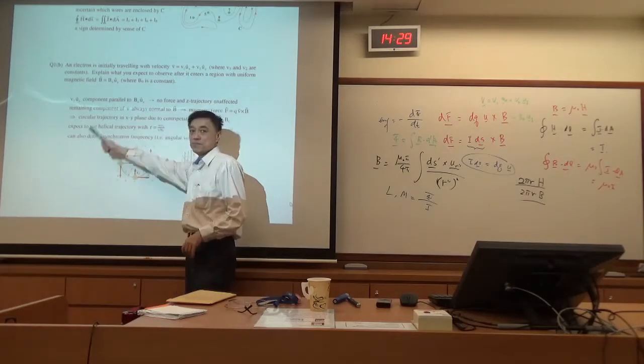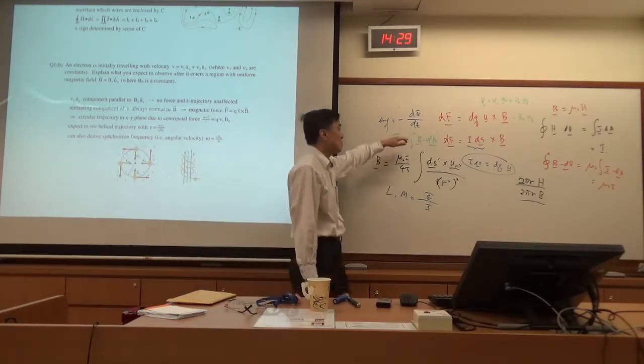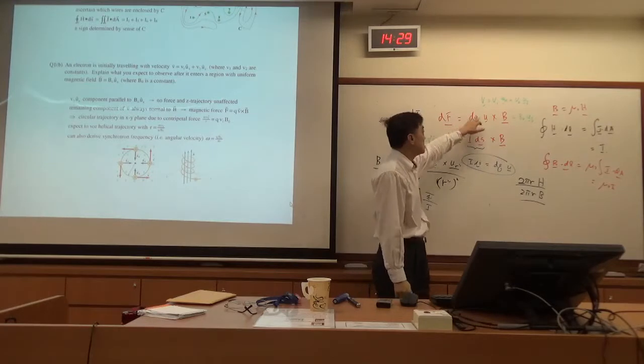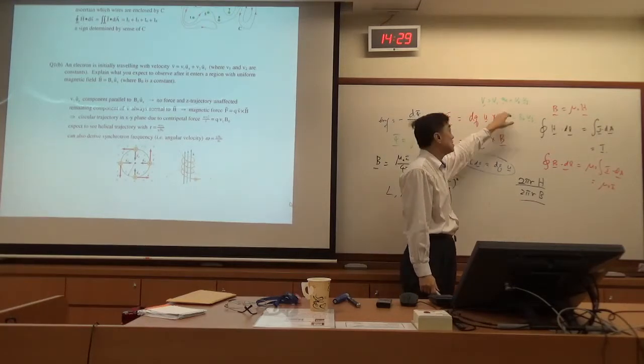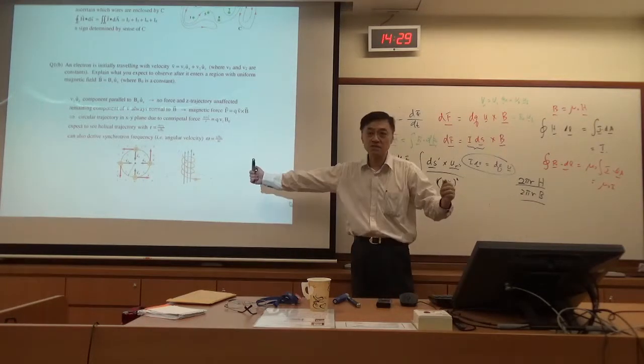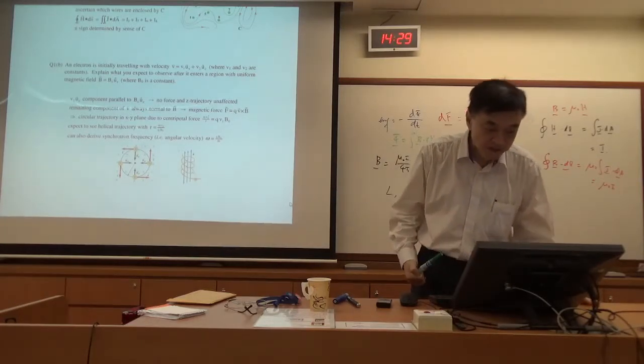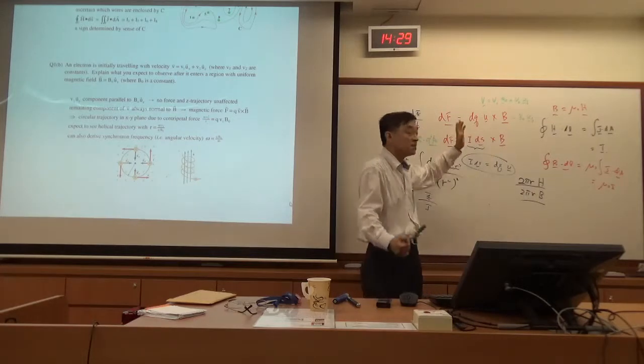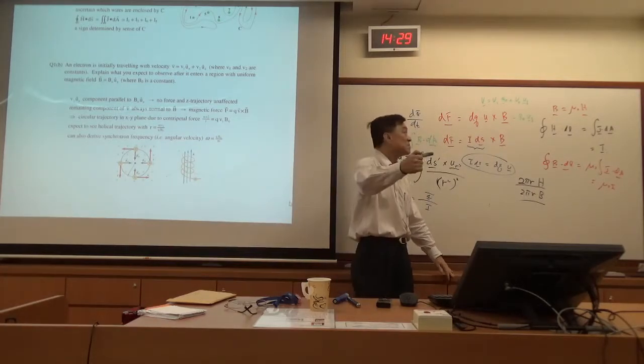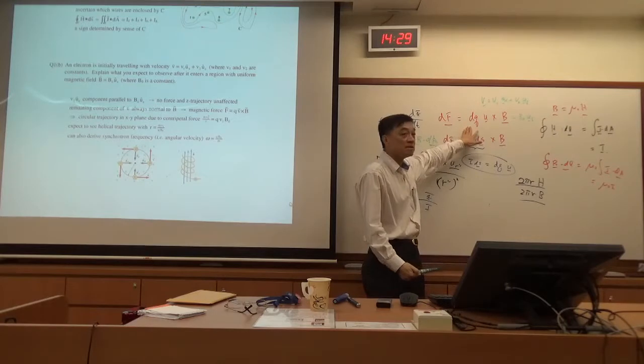Now you look at these equations here. This cross this. So the electron is coming into the magnetic field.